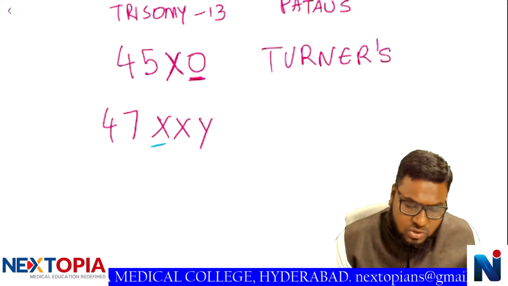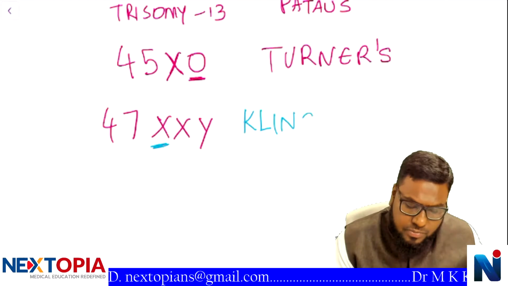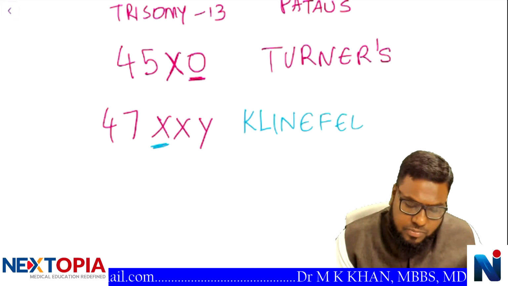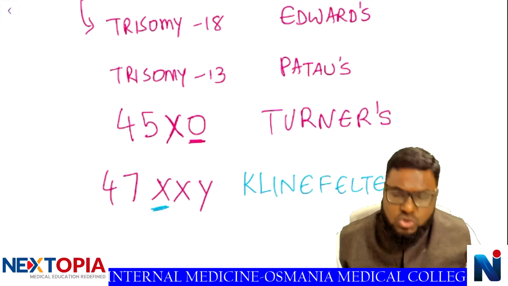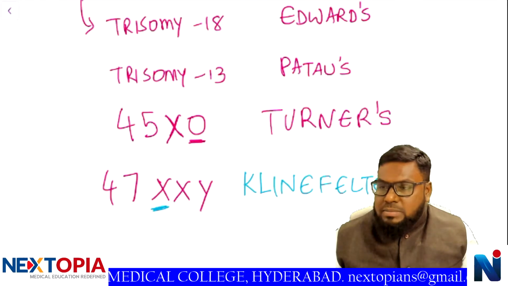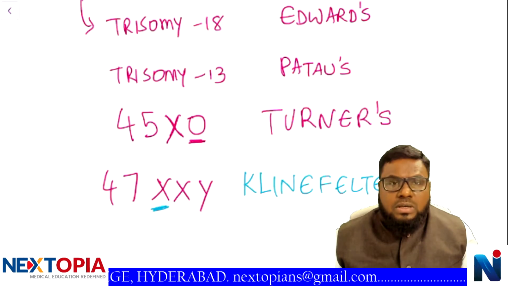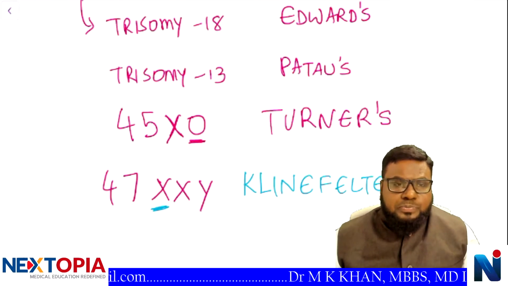One extra X chromosome has come. We call it Klinefelter syndrome. This is how the sex chromosomal abnormalities and the autosomal chromosomal abnormalities have been mentioned. So these are all the abnormalities of the chromosome. All right.